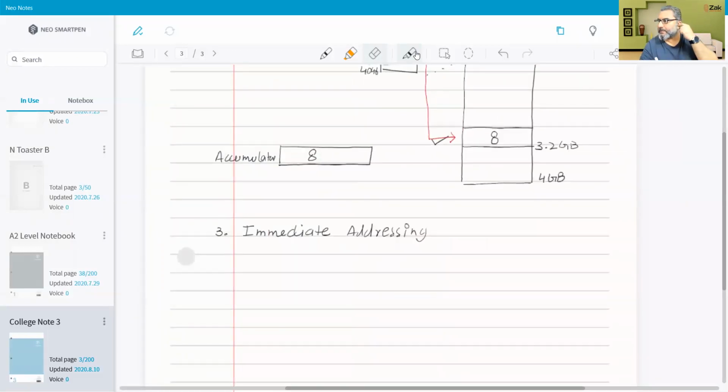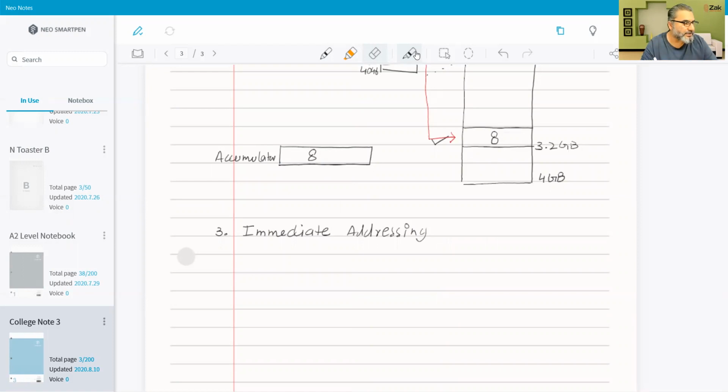Immediate addressing means that we don't have any address, rather we have got the data. Just take that data. It's like a variable is given a value, a constant value. So basically the command is LDM.